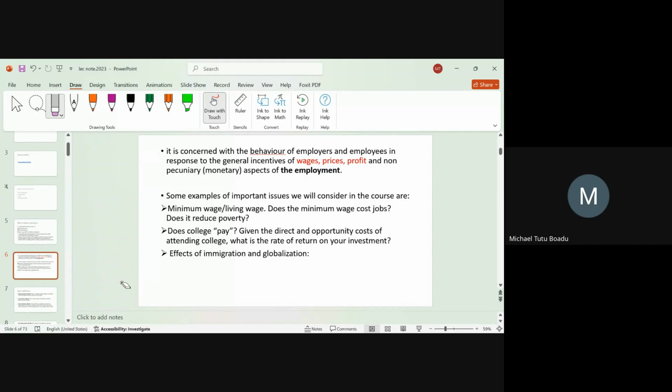Let me give you some statistics when it comes to the case of Ghana. I'm going to compare the minimum wage over the years vis-a-vis extreme poverty levels in Ghana. Let me use 2018 as an example. The minimum wage was 8 Ghana cedis, and the number of persons living in extreme poverty was 6,515.